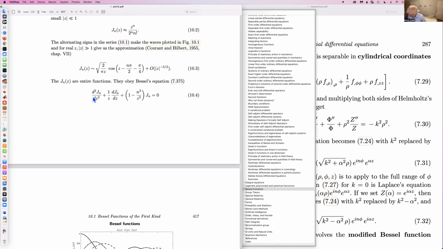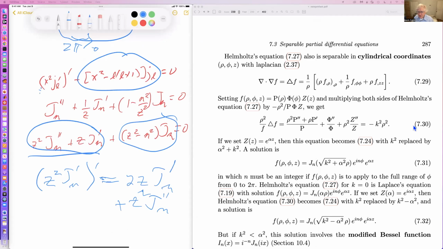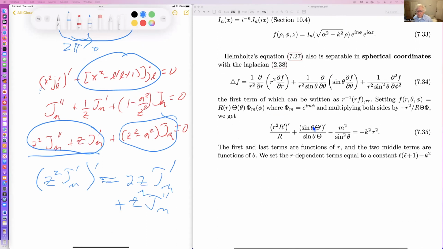And so that's not the same as this. So I guess it's that first derivative term that is what simplifies everything.